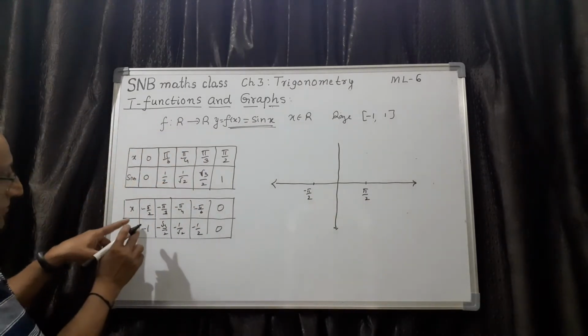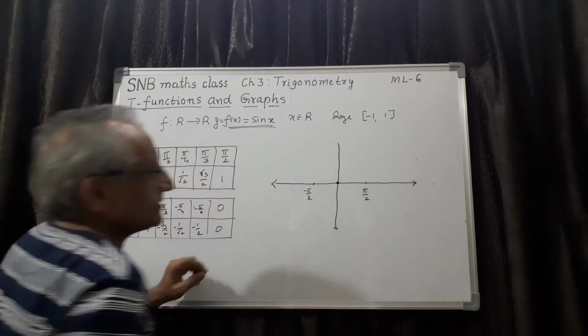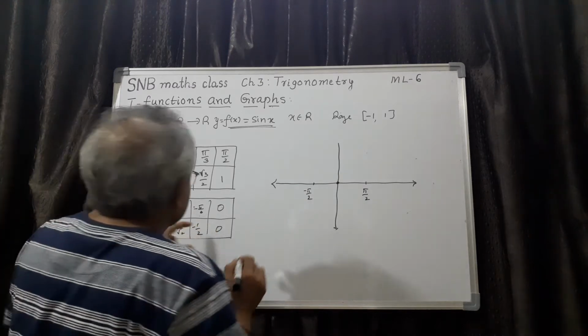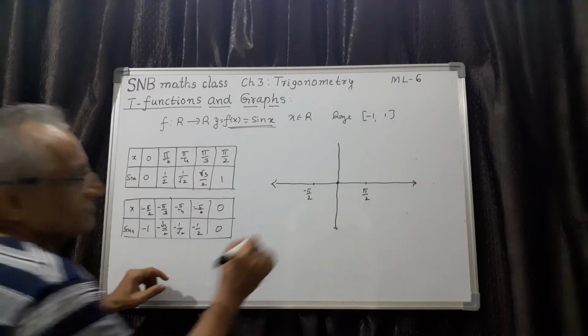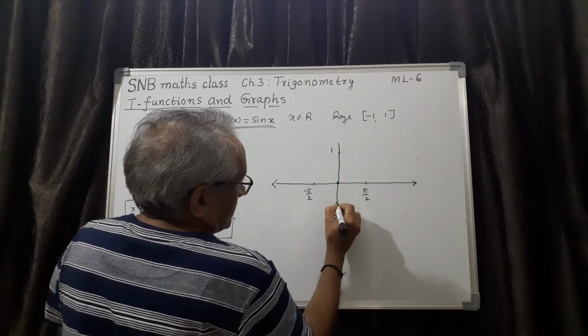Now try to draw the graph. When x is 0, it is 0, then when you take pi by 6, it is half. Therefore what is the maximum it can take? Plus 1. What is the minimum it can take? Minus 1.